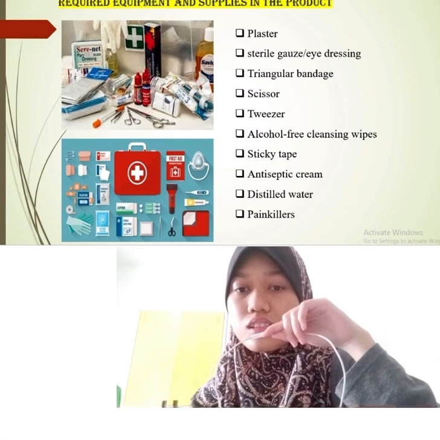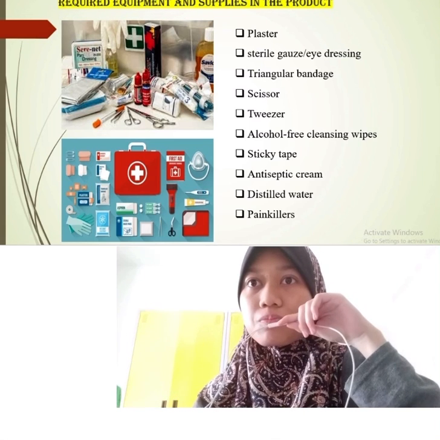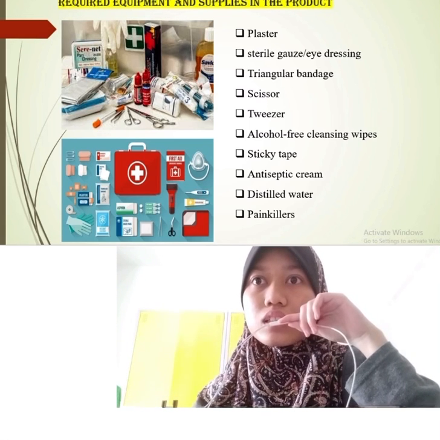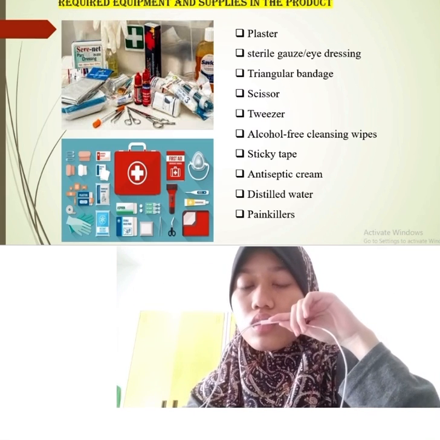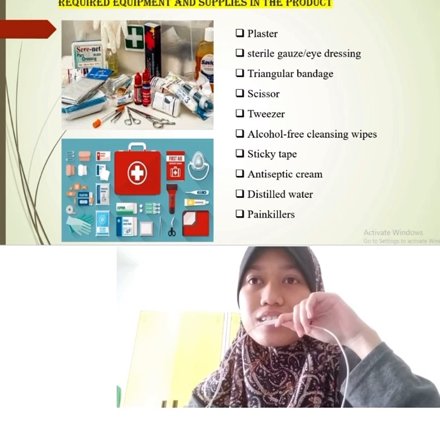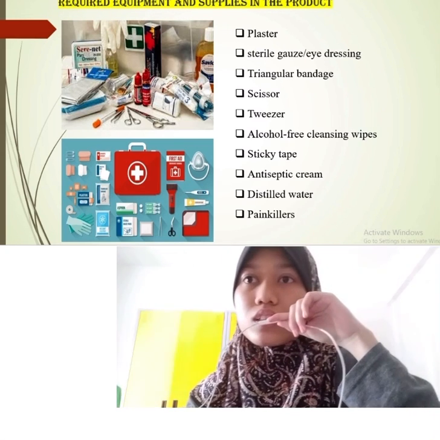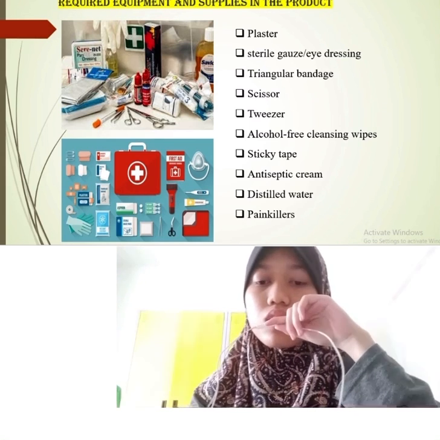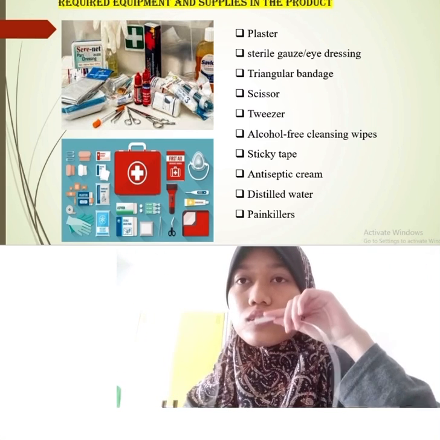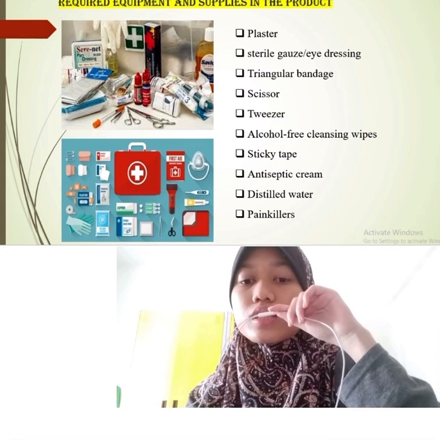Then we got scissors. Scissors, as you know, are just to cut a sterile gauze to fit the wounds. This first aid kit scissor is different from the normal one.